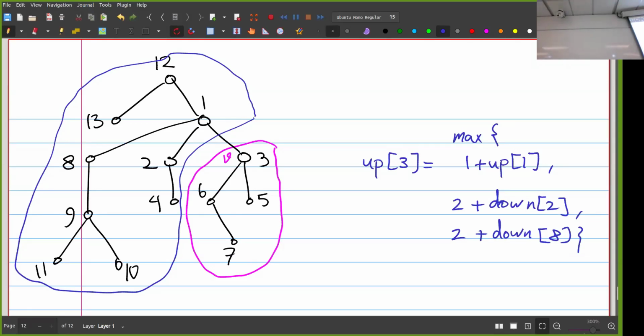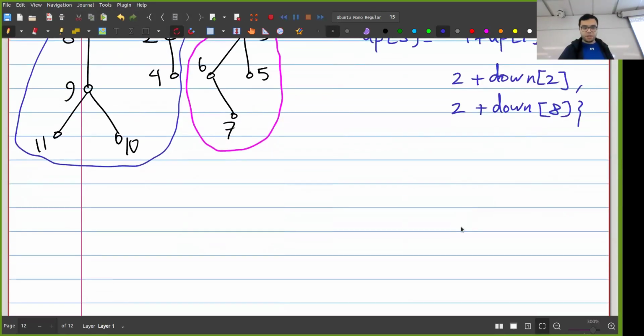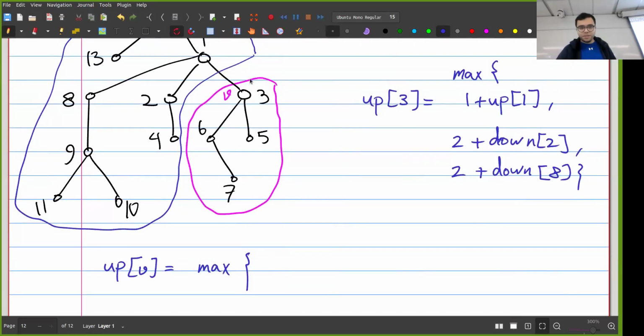Okay. Now, in general, if I want to calculate up of V for any vertex V, I can say it's the maximum of these cases. So either I go one step up to the parent of V, and then from there I keep going up.